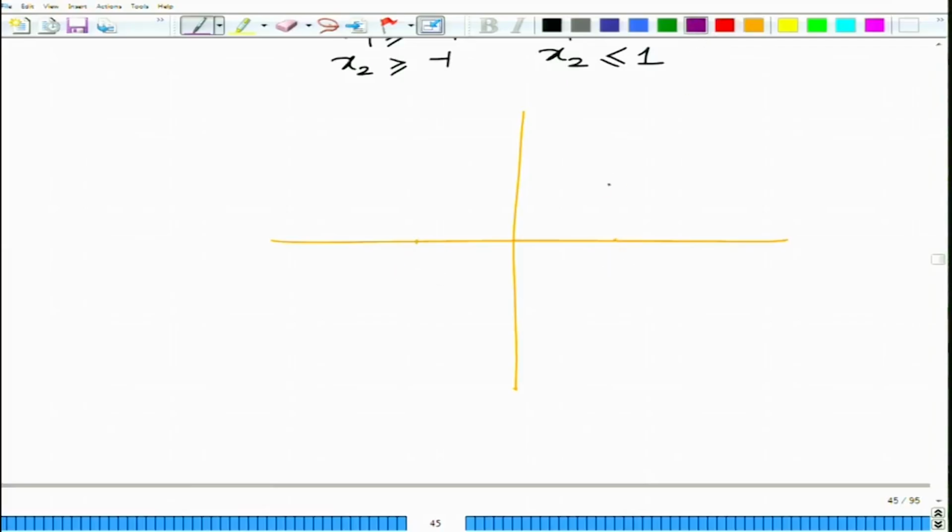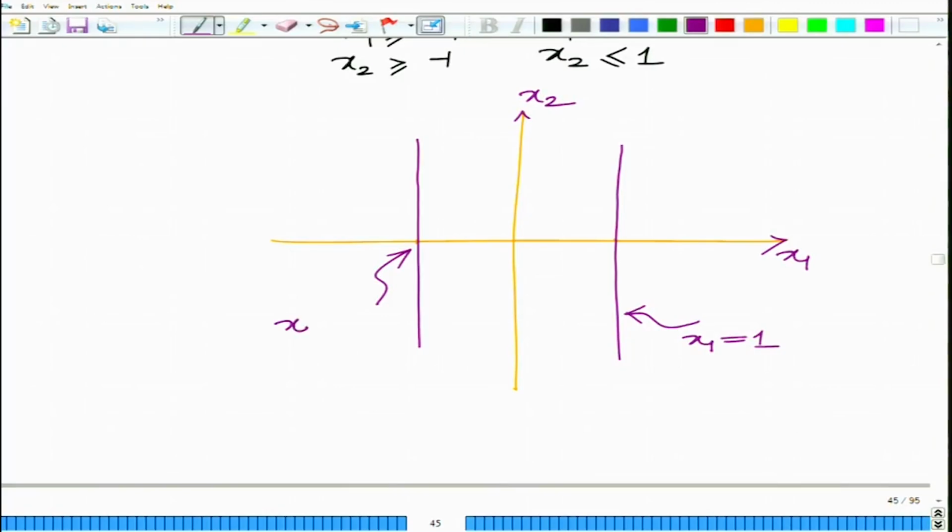These are the two hyperplanes x1 equals 1 and x1 equals -1, this is your x1 and this is your x2. This strip is the region where x1 is greater than or equal to -1 and less than or equal to 1. And if you look at x2, this is the region pertaining to x2 equal to -1, and this is the hyperplane for x2 equal to 1.